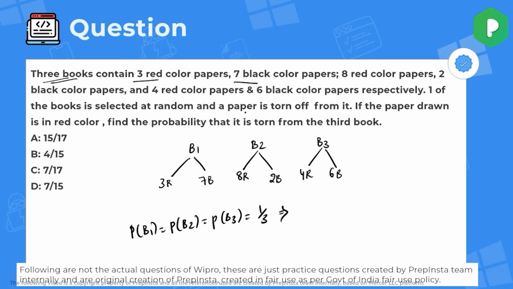It is 1 by 3, and a paper is torn from it, any one paper, and it is red color. So how many red color papers are there in book B1? 3 red color papers, right? Total how many papers are there? Total 10. And the probability of the first book is 1 by 3.